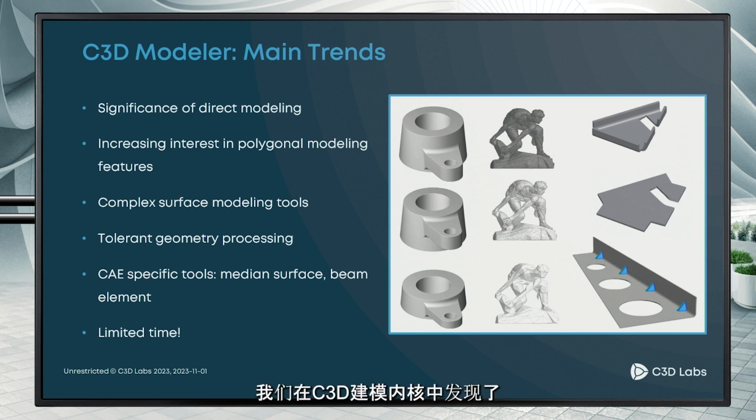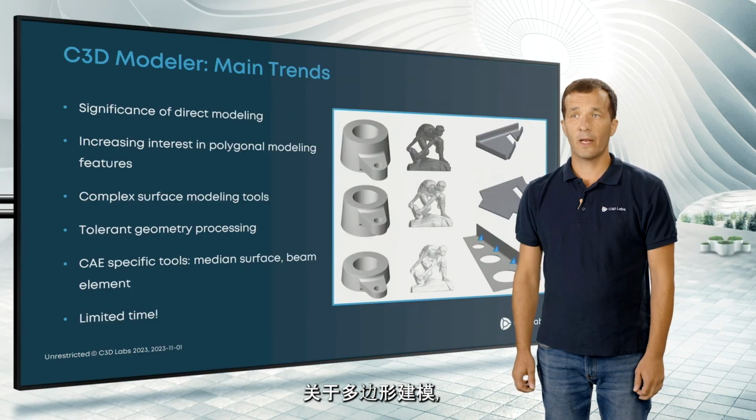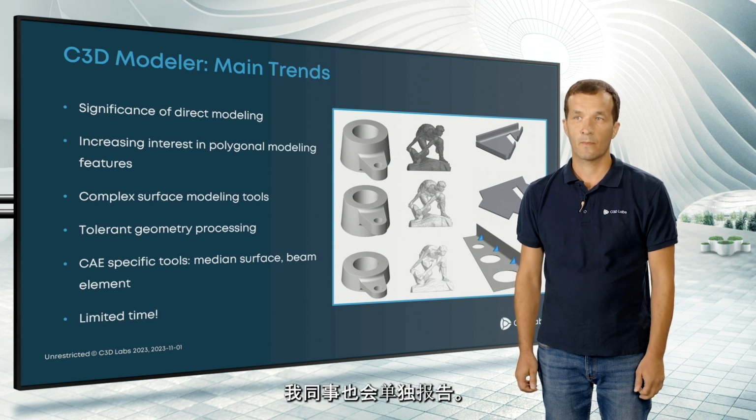There is a stable increase in the number of requests to the C3D Modeler kernel for polygonal modeling. Operations for processing polygonal objects are required, as well as reverse engineering tools. The theme of polygonal modeling will also be presented today in a separate presentation by my colleague.